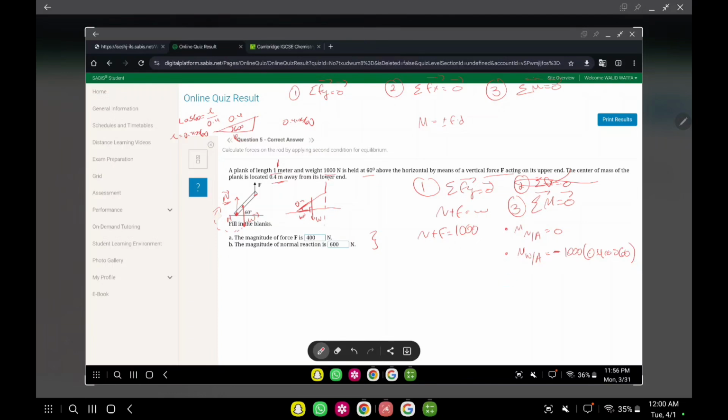Okay. Next, the moment of the force F about A. It is going to go counterclockwise, so it's going to be positive. The force F, we don't know how much it is. What's the distance? Let's take a look over here. Force F, if you extend it and you extend this, they're perpendicular, so no need to resolve, right? So we take F as it is. But what's the distance?